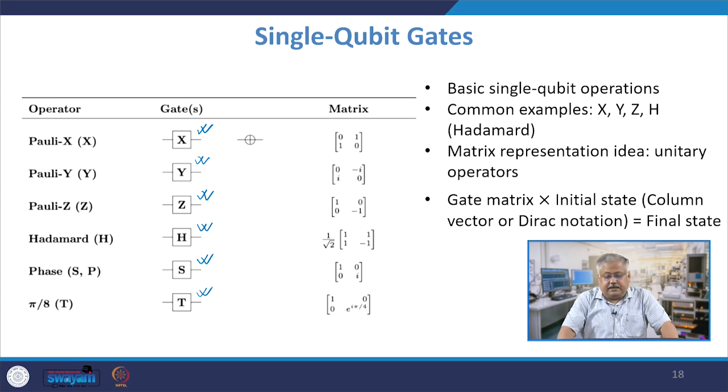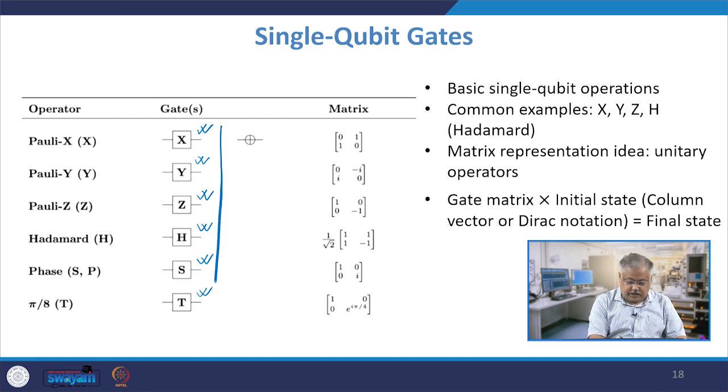The most common examples of matrix usage are X, Y, Z, H, and the phase gate. H is the Hadamard gate which we are talking about. Typically these are the most often used gates in the design.